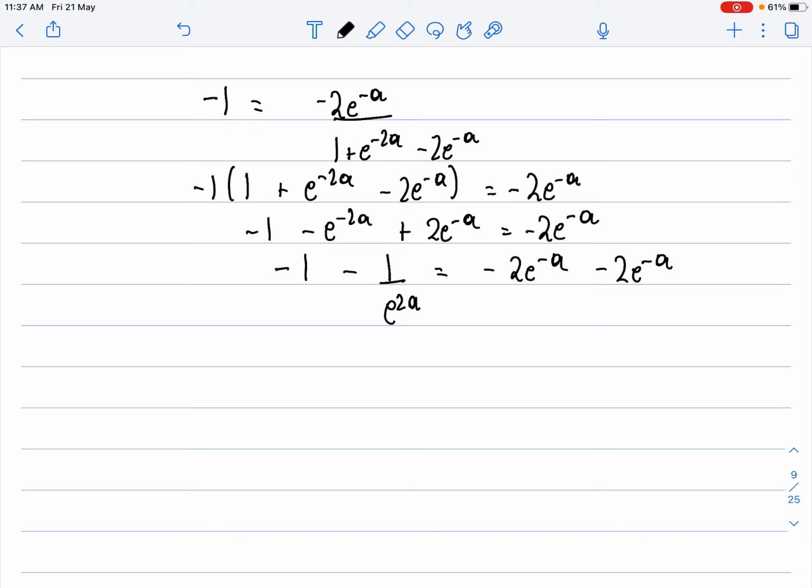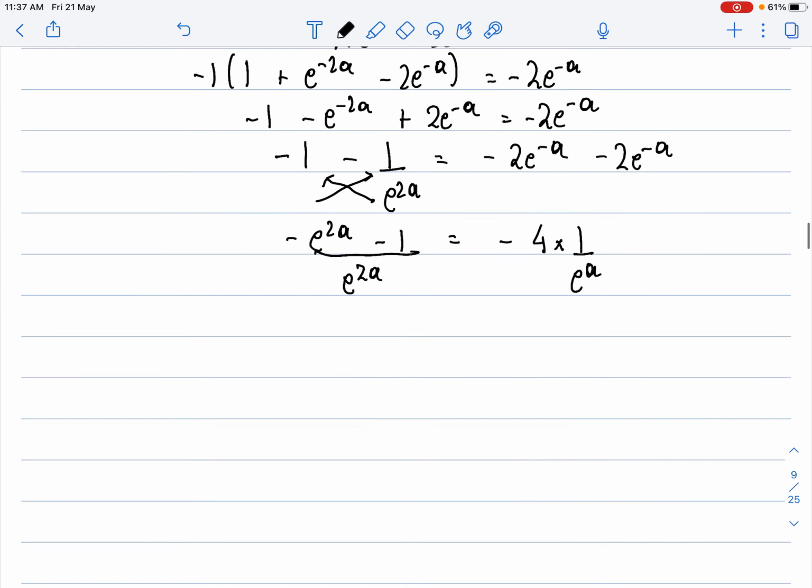Correct? Now I can take the LCM here by doing cross. So I can write this as minus e raised to 2a minus 1 over e raised to 2a, equals minus 4 into 1 over e raised to a. So this can be written as minus e raised to 2a minus 1 equals minus 4 over e raised to a into e raised to 2a.